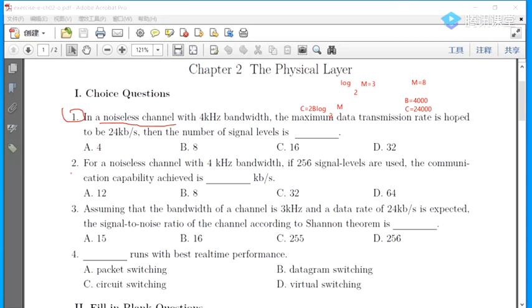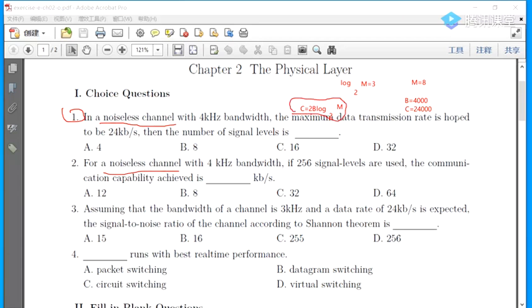Now, look at question 2. For a noiseless channel with 4 kilohertz bandwidth, if 256 signal levels are used, the communication capacity achieved is how many kilo bps? For a noiseless channel, we should use the Nyquist theorem, right?